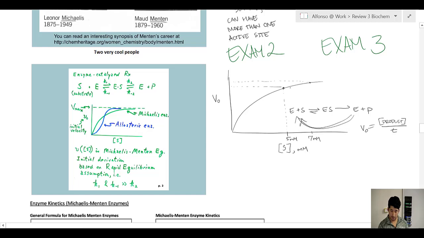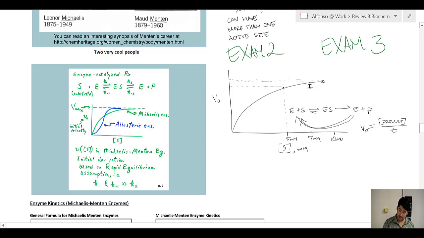They're very close to one another in terms of velocity, right? So there's like a little scale, a little measuring. Well, what if we made the substrate concentration 10 millimolar? This would be the velocity now. And that difference right there between the 10 and the 7, that's even smaller.